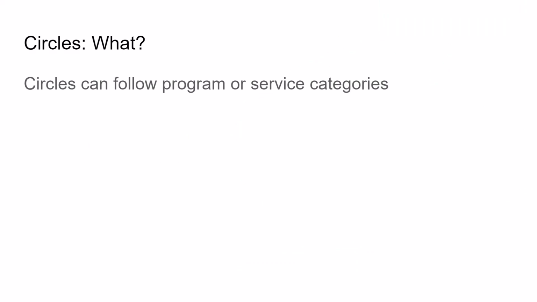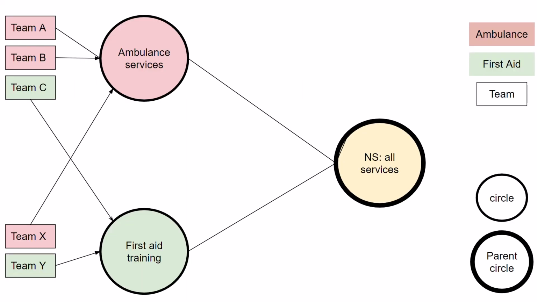So circles can also follow program or service categories. The motivational level of ambulance drivers might be different from those who do first aid training. Ambulance drivers, especially in some difficult countries, might be under stress.